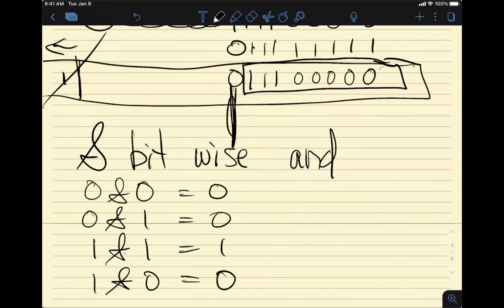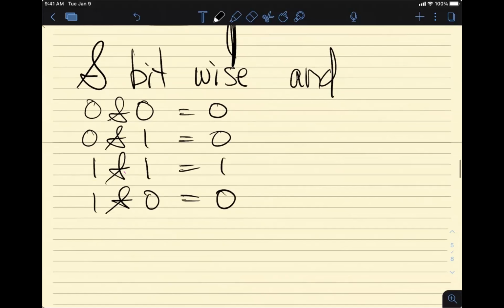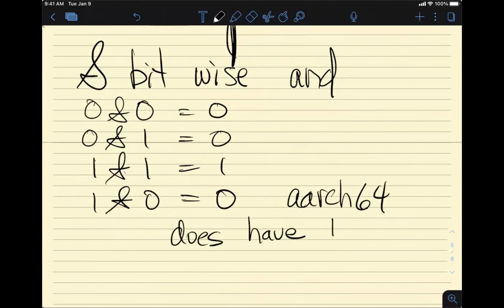Now, as an aside, for completeness, the ARM architecture, AArch64, does actually have bit extraction instructions.